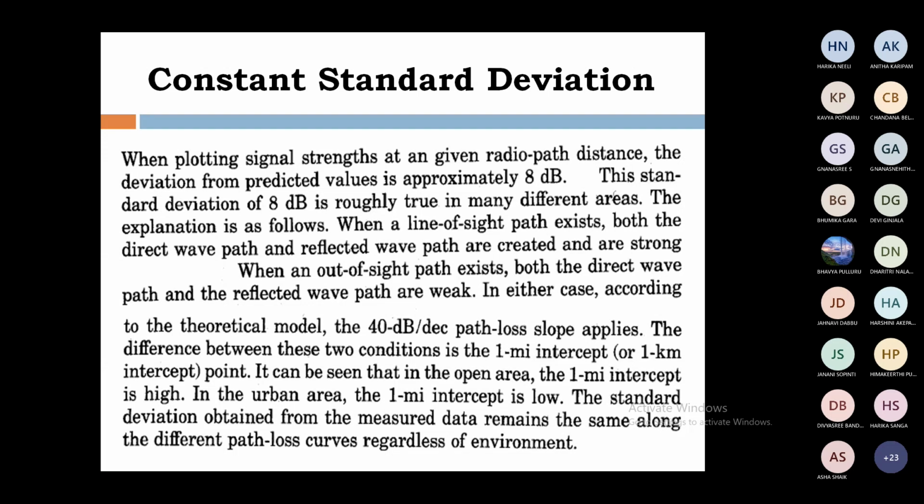Finally, theoretically, we are getting 40 dB per decade path loss. Within the 1 meter intercept point, whether the line of sight path or the out of sight path, whatever it may be, the maximum standard deviation is roughly 8 dB. 8 dB. See this one.